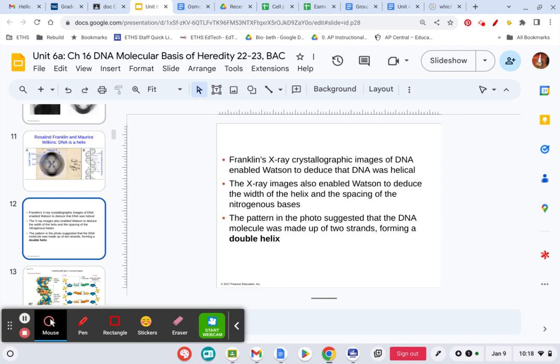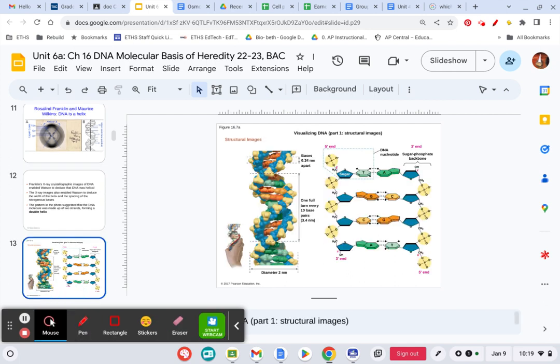And that was a really key thing, because what it did was it told researchers that DNA was a double helix. And they didn't know that before. So we know now, again, it's kind of weird. It's like, well, duh, we know this. But they didn't know it back then.